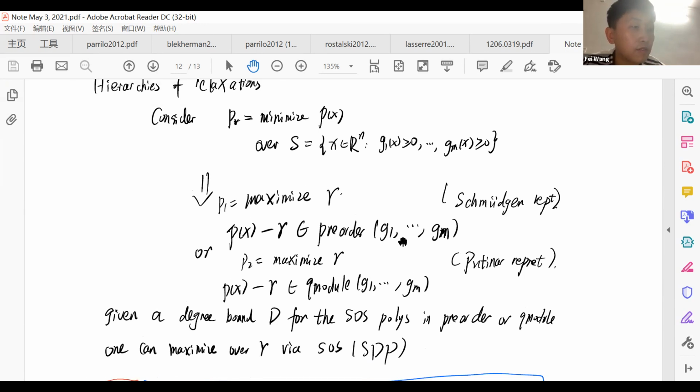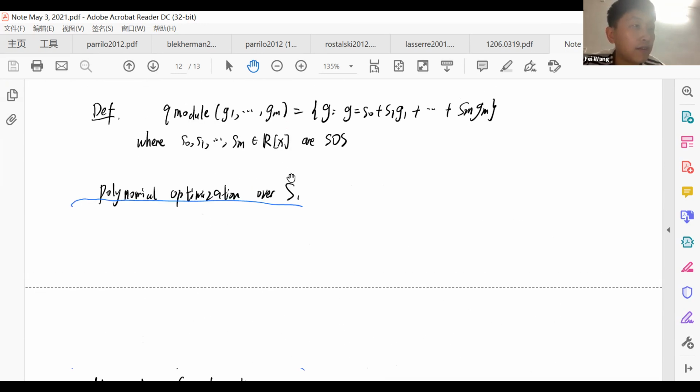When you have a larger degree bound, there are more monomials, so we have a better approximation, but the computational complexity is much higher. You lose something when you increase the degree bound, since the sum of squares involves more monomials.